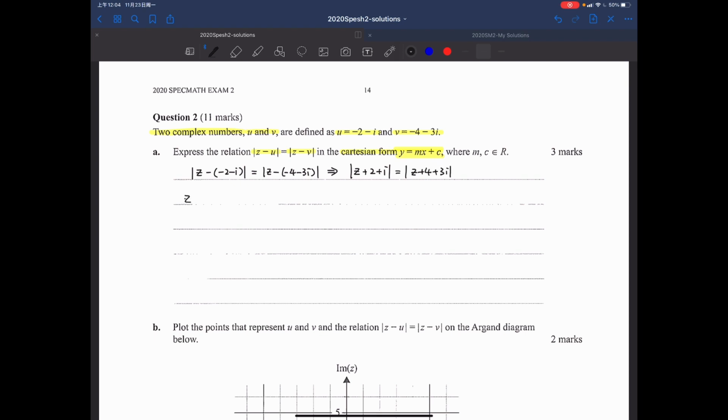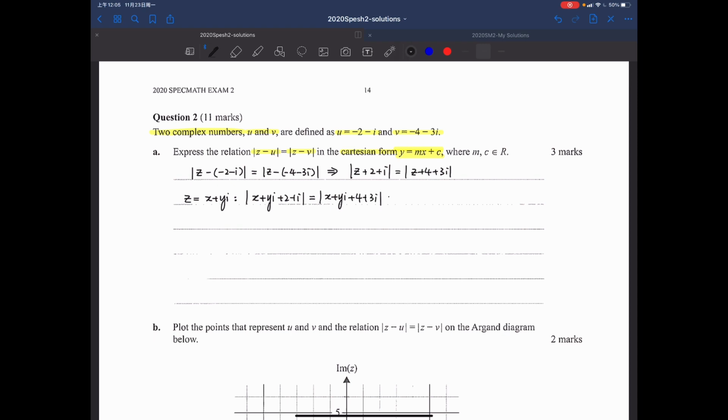My z is x plus yi, so absolute value of x plus yi plus 2 plus i equal to absolute value of x plus yi plus 4 plus 3i.